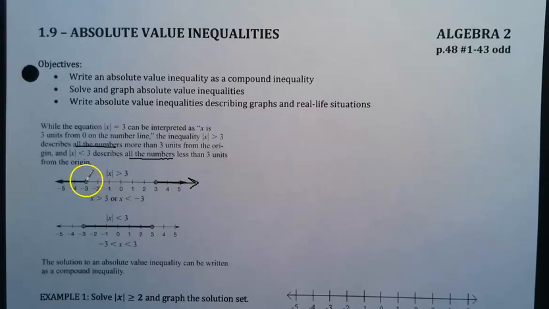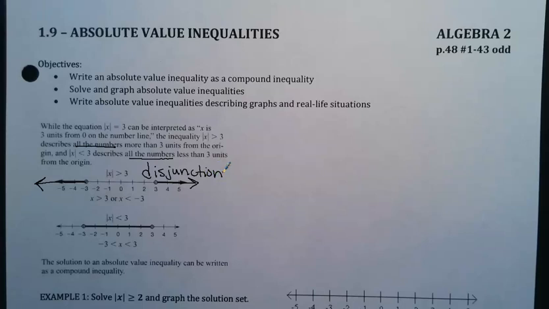And it's not negative 3, but it is continuing to the left into the negatives. Because this is actually equivalent to x is greater than 3 or x is less than negative 3. So this is a disjunction, right? It's an or statement.